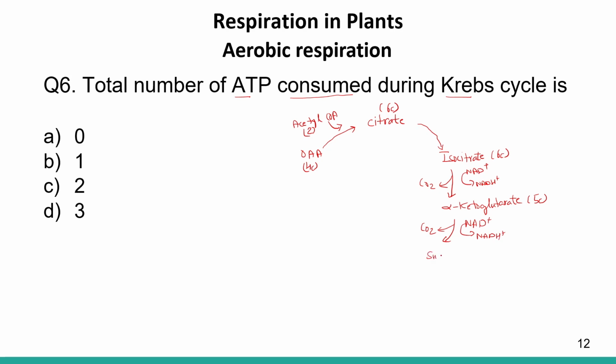Now succinyl coenzyme A is produced, which is a 4-carbon compound. From succinyl coenzyme A, succinate is produced. Here there is a formation of GTP from GDP, and this reaction is coupled with the formation of ATP.